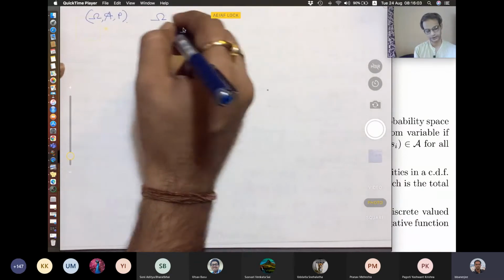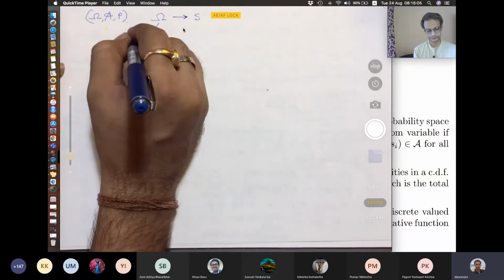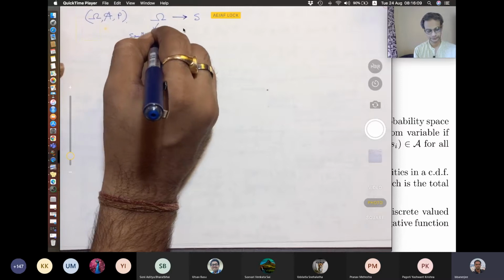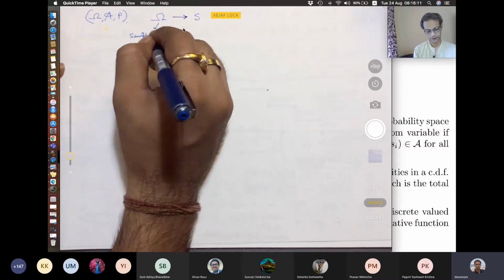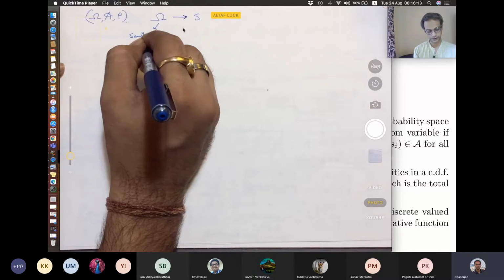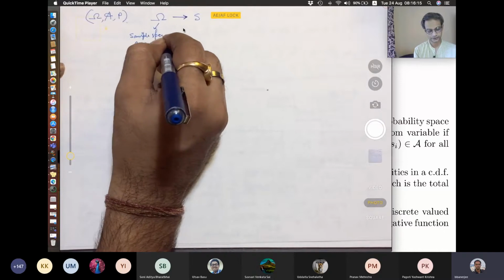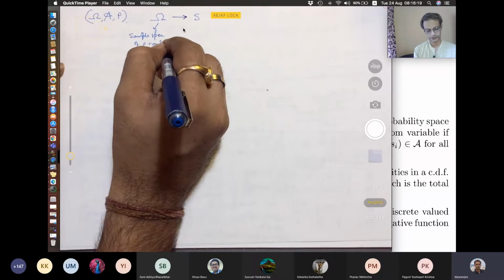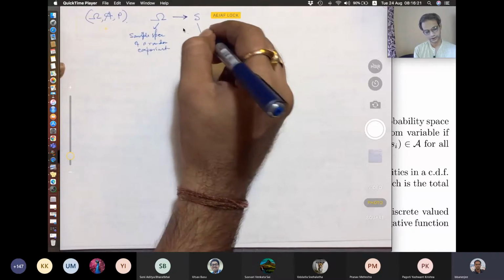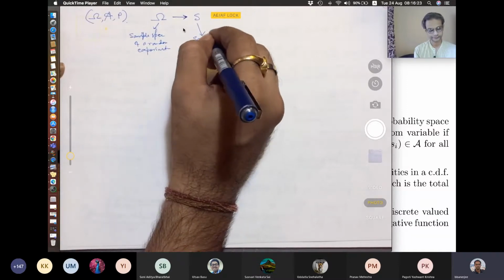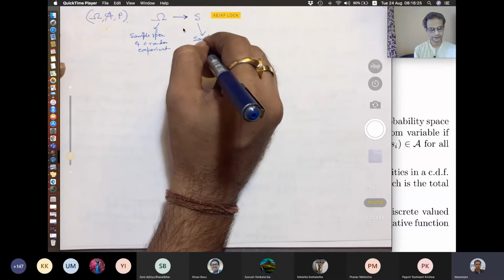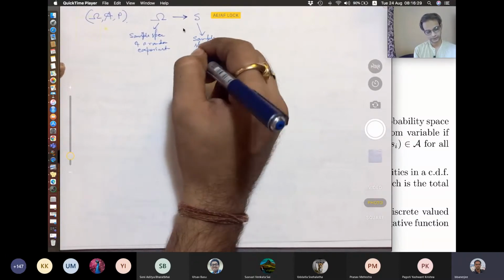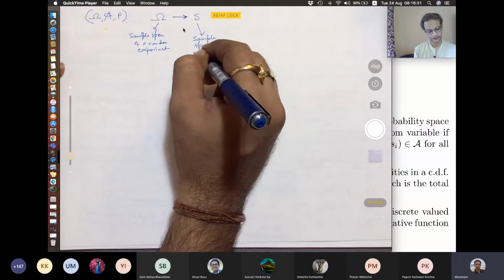Omega is the sample space of a random experiment, and S is the sample space of a random variable.